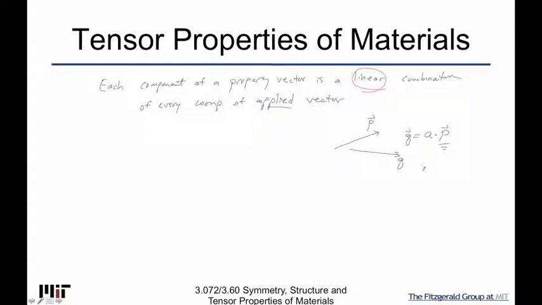And then, of course, you can't just do a lot of things we're going to do here where you assume that they're linearly related in all ways. And, of course, many interesting properties occur, especially if you think about optics, nonlinear optics, where when you apply an electric field, you start to get properties that depend on the square of the electric field and the cube of the electric field even.